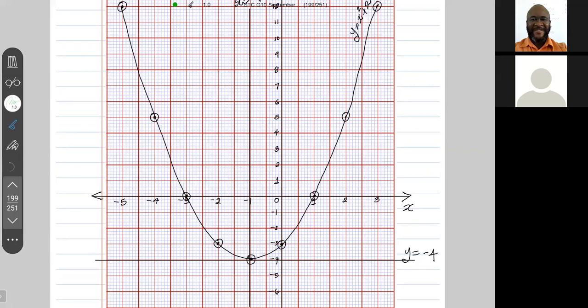Guys, remember, every point on your graph has a value of x and a value of y.